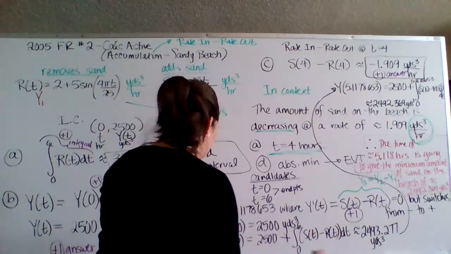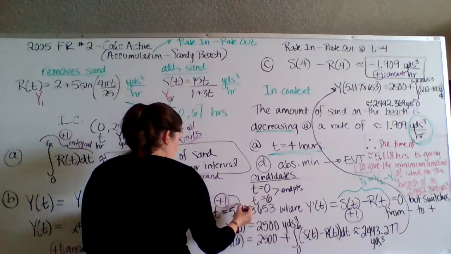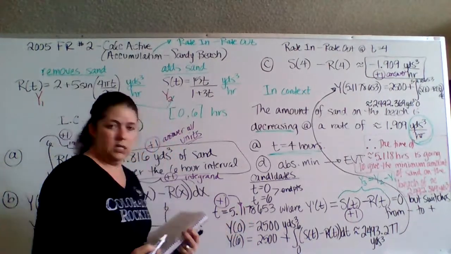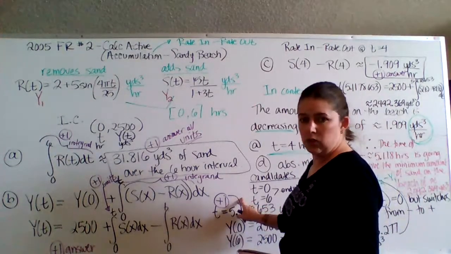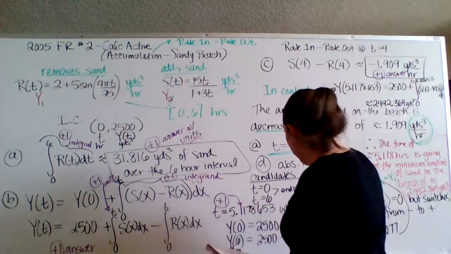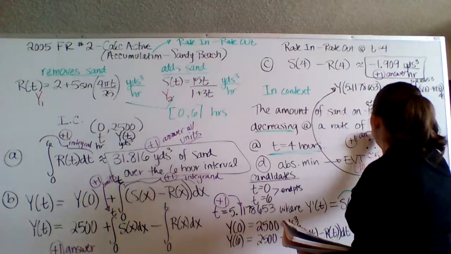So 1 point was that you actually got this critical time of 5.1178653. This was kind of a soft point if you needed to do this. This was a bigger point if you could run your calculator to get that time. And then the last point was hard because you had to get the right answer with the justification.